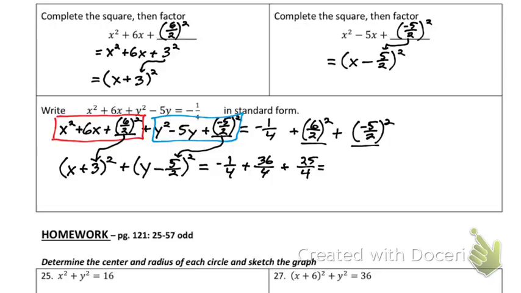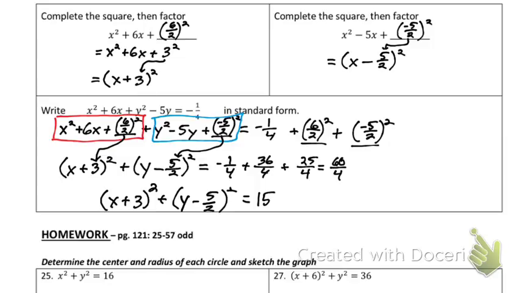Well, that is just going to equal 35 plus 25, which would be 60 divided by 4. So our finished equation would be x plus 3 squared plus y minus 5 over 2 squared equals, well, 60 divided by 4 is 15.